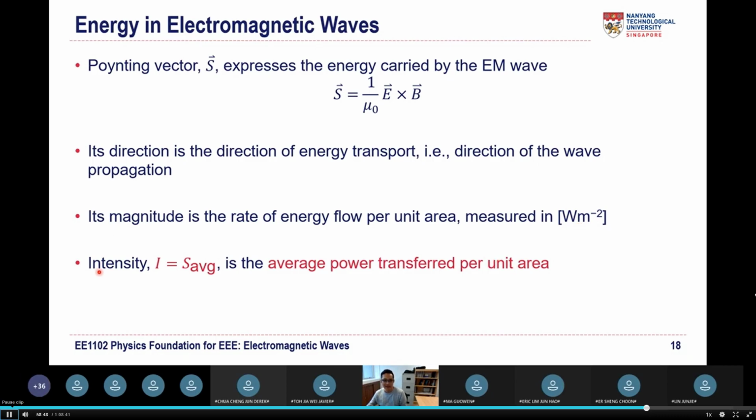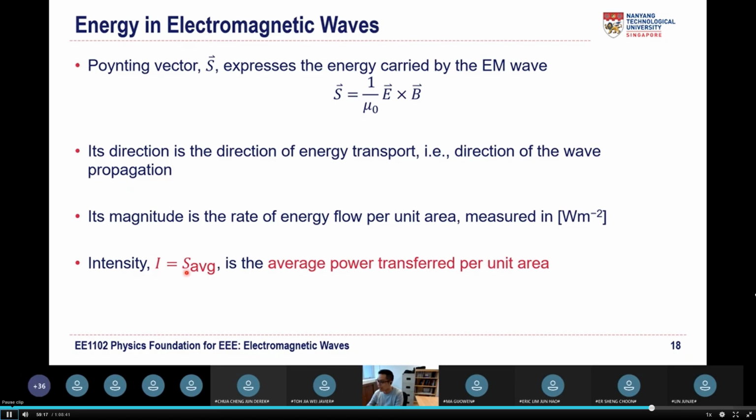Okay, and the intensity is actually going to be the average of the Poynting vector, and that is the average power, because you remember we just discussed that the Poynting vector is also oscillating with time, because E and B are all oscillating. So when E and B are 0, S is 0, and when E and B are maximum, S is also going to be maximum.